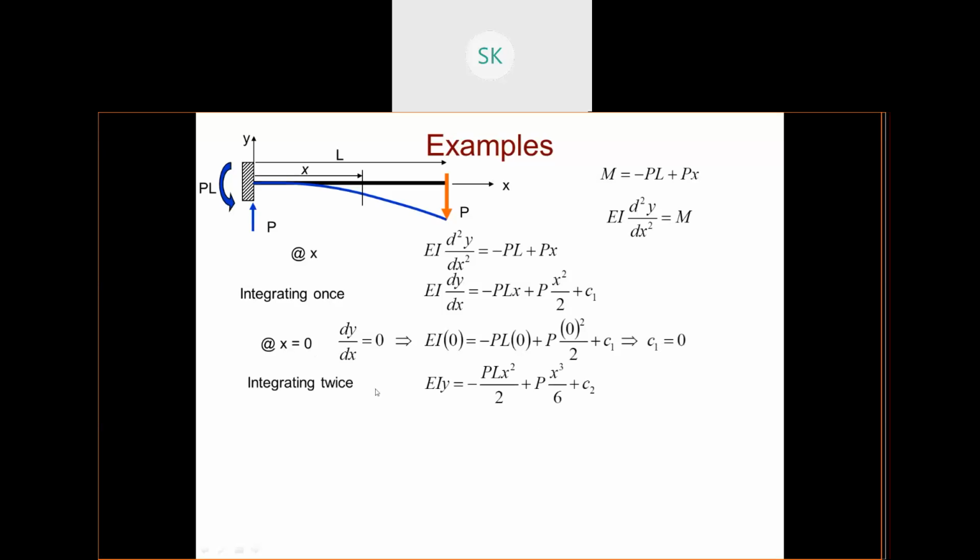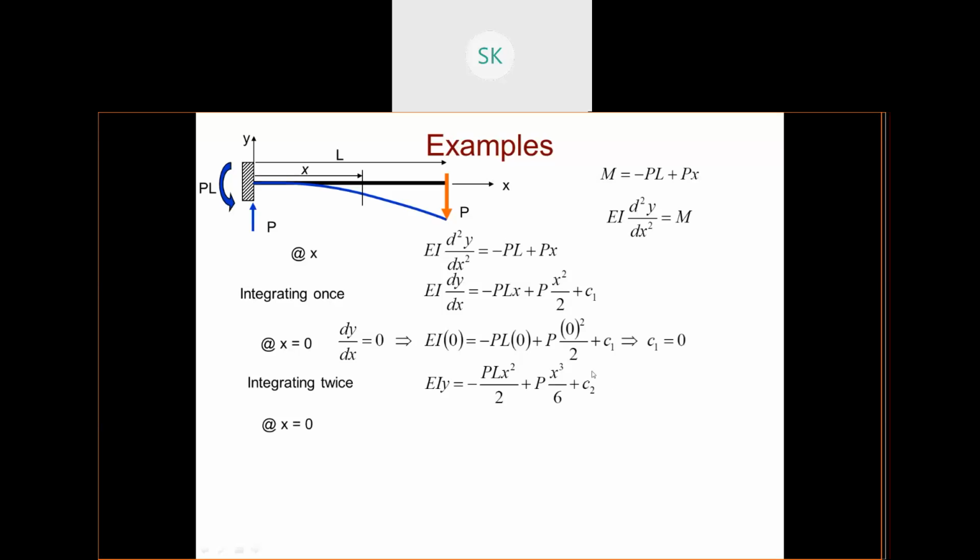Now integrating twice. The same equation I'm integrating again. If I integrate dy/dx, it will become EIy equals minus, this is x, so x square by 2, minus PL x square by 2. This is x square, right? So it will become x cube by 3, so Px cube by 6, 3 into 2, 6, plus C2.